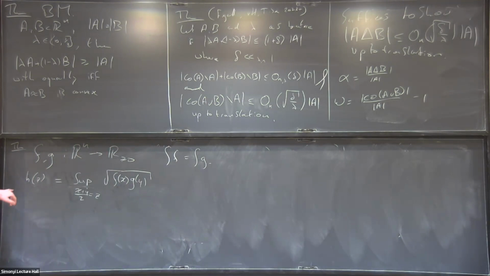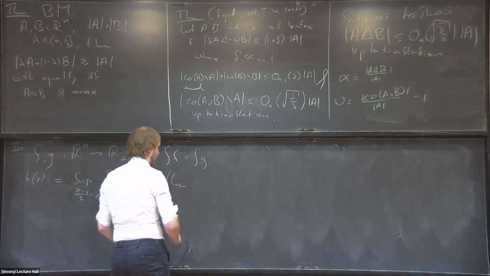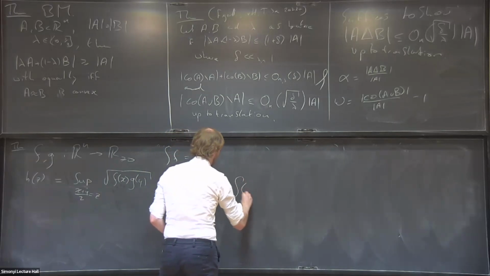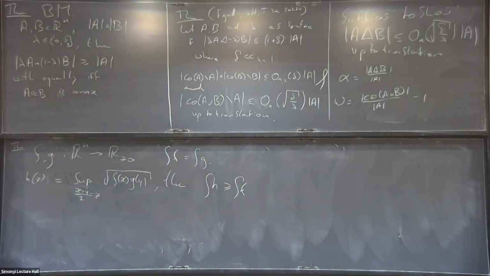So in some sense, it's some weighted average between these functions. And then we know that the integral of h is at least the integral of f, which is also the integral of g.